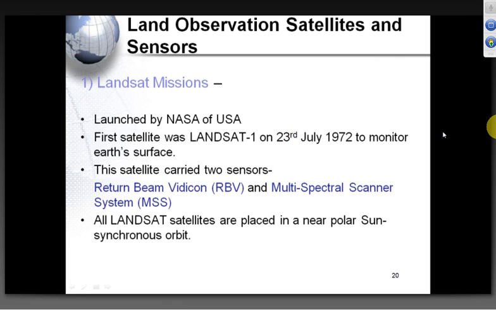So it was the very first satellite launched by NASA USA. The satellite carried 2 sensors, RBV and MSS, that is Return Beam Vidicon and Multispectral Scanner system. These satellites are placed near the polar synchronous orbit.